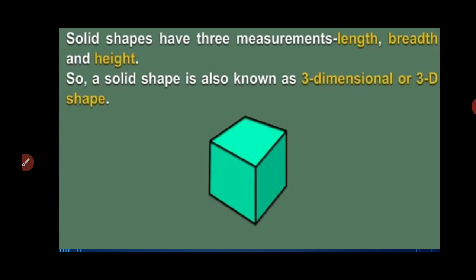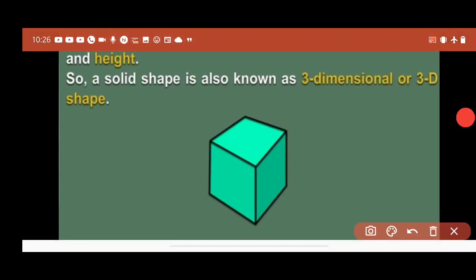You can only draw 2D shapes on a piece of paper, but you cannot draw 3D shapes on a piece of paper. The word 3D basically means a shape that has three measurements: length, breadth and height. Over here you can see this is the length, the breadth and the height.